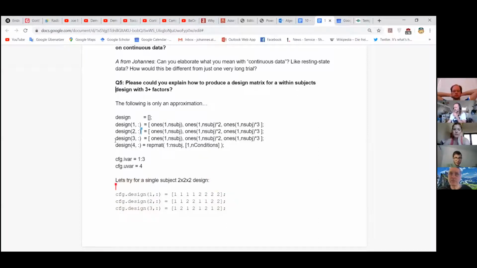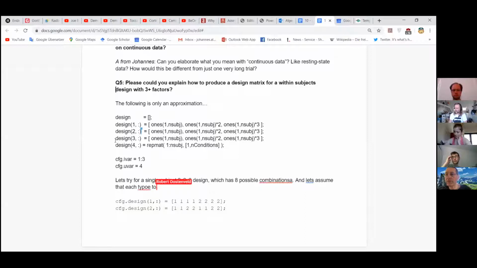And so actually, the construction of the design matrix is not the biggest challenge for you. For you, having a 3 factorial design of your experiment, the challenge will be which are the relevant effects for you. So definitely there will be some interaction effects in which you have an interest.